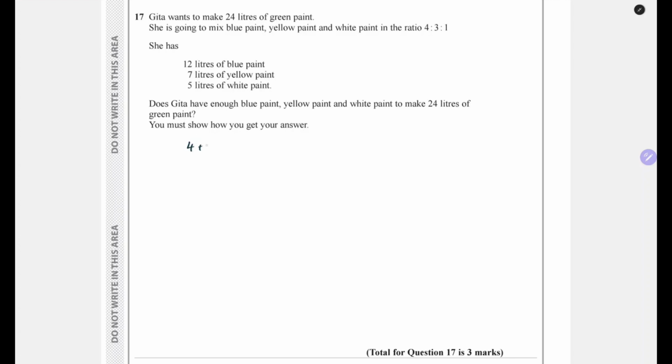So we can work out the total ratio. That's 4 plus 3 plus 1, which is equal to 8. We want 24 litres, and so we can work out how many litres of each we're going to require. That's 24 divided by 8, which is 3. And so blue to yellow to white, we need 3 times as much as the ratio.